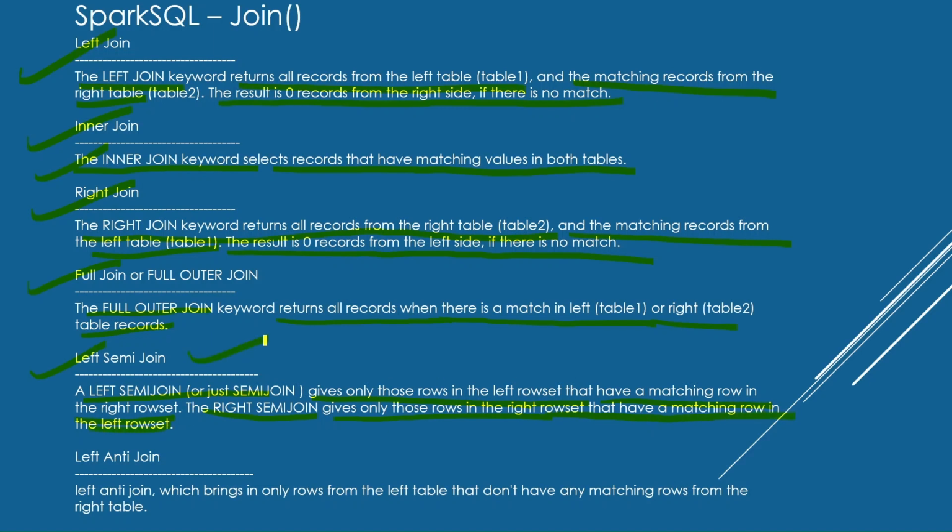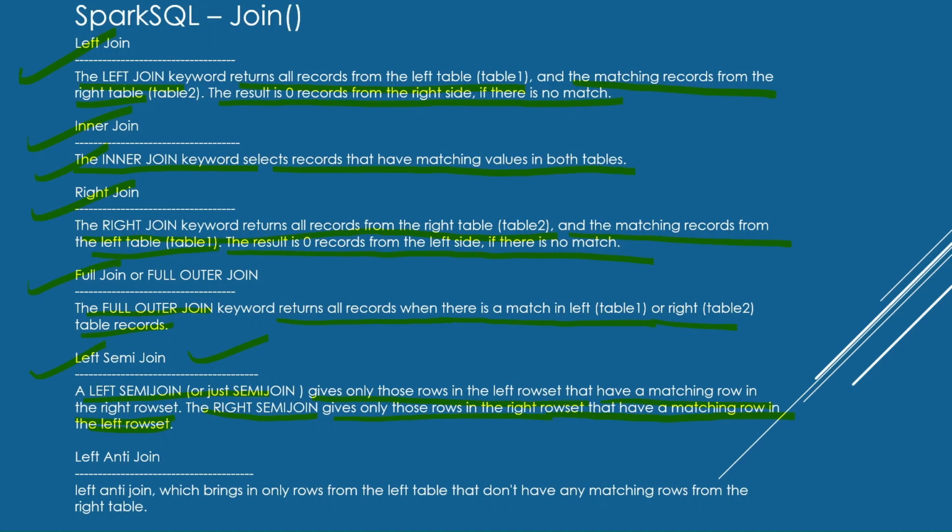So what does it mean? Whenever we do a left semi join, suppose the left table has 5 columns and the right table also has 5 columns. It will check for a match.